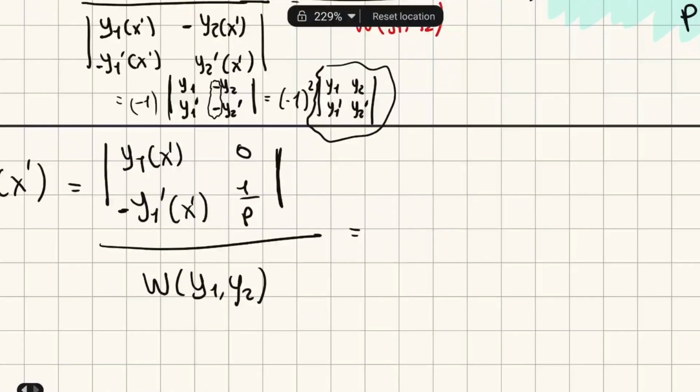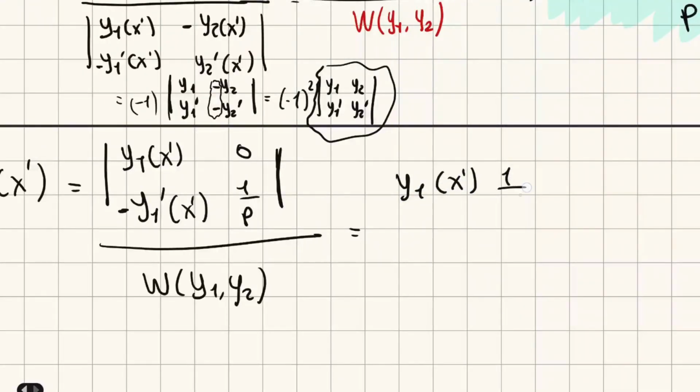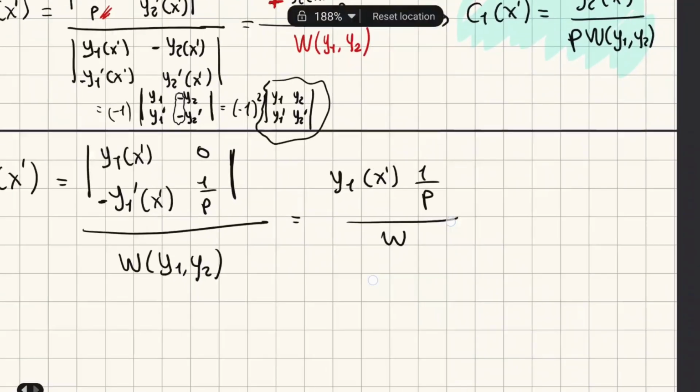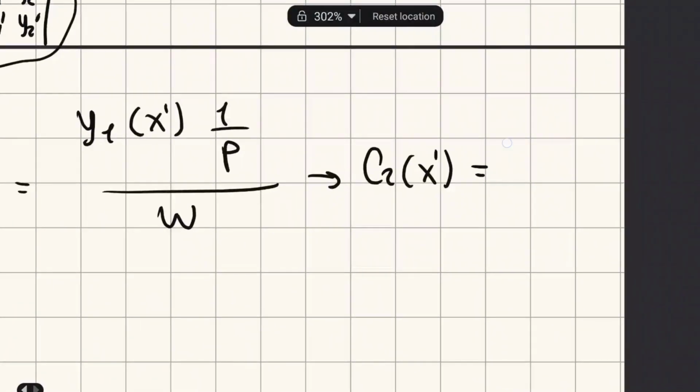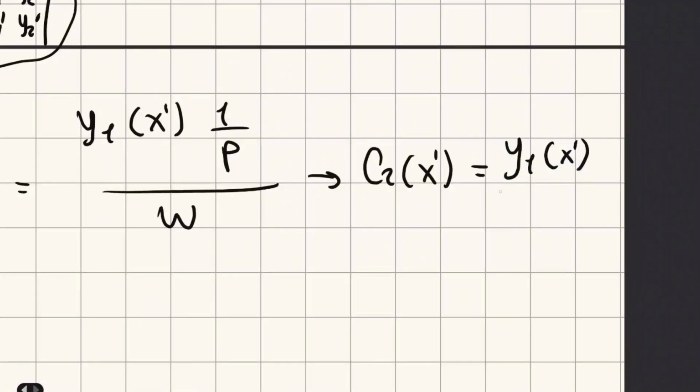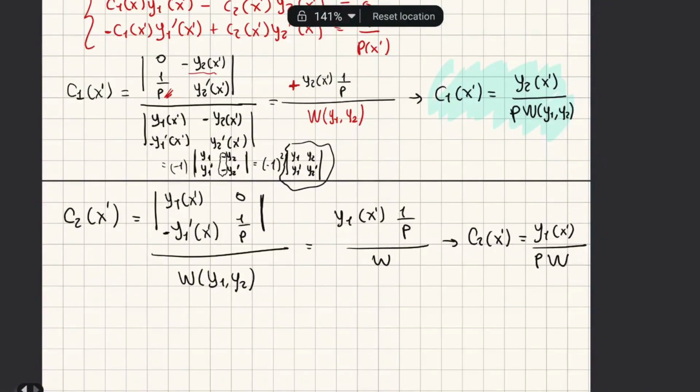So from here, we are going to have that y1 of x prime times 1 divided by p, divided by W. And with this, we can see that c2 of x prime is equal to y1 of x prime divided by p times W. Okay, perfect.